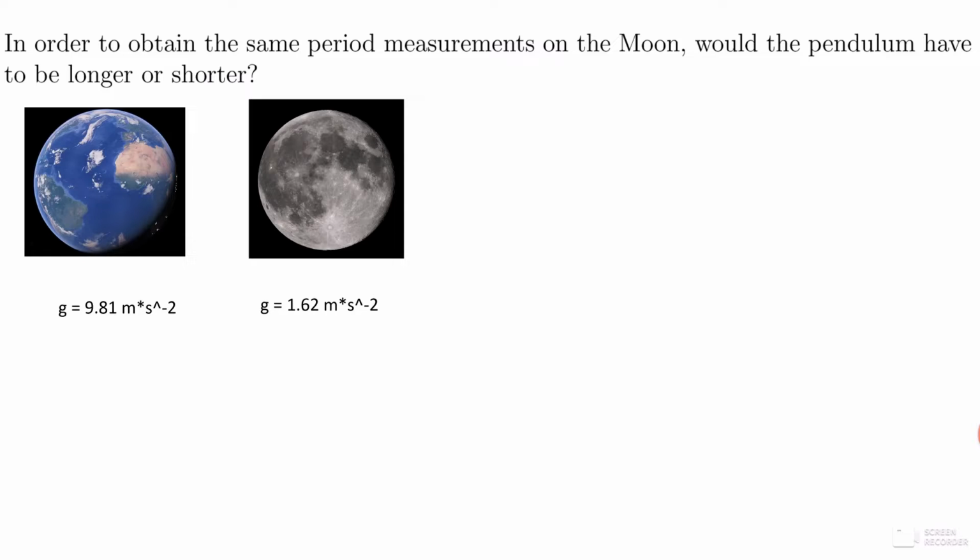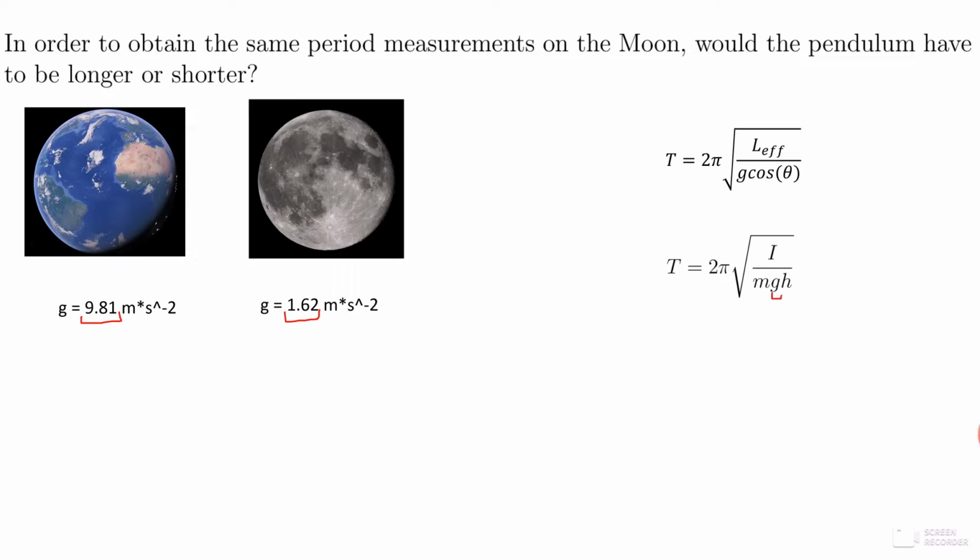Okay, now, in order to obtain the same period measurements on the moon, will the pendulum have to be longer or shorter? Well, first of all, we have to see what the gravitational acceleration difference is. Because the Earth is much more massive than the moon, as you can see, the gravitational acceleration is much larger. So what does this mean for our formula? To see it easier, we need to look at this other version of the formula, where the effective length is replaced by inertia divided by mass times h.